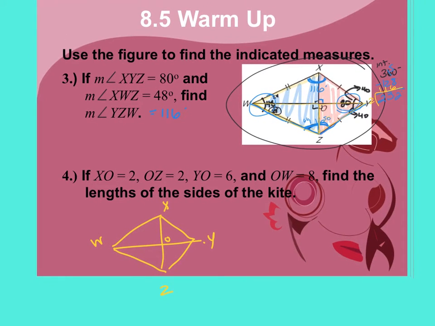Okay, it says XO, which is here, is 2. OZ is 2, which makes sense. Those are congruent triangles. YO is 6, and OW is 8. Find the lengths of the sides of the kite.